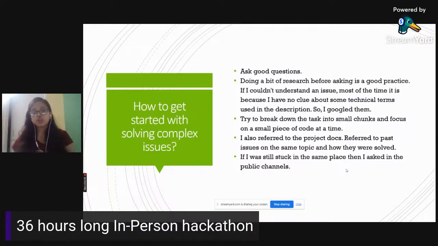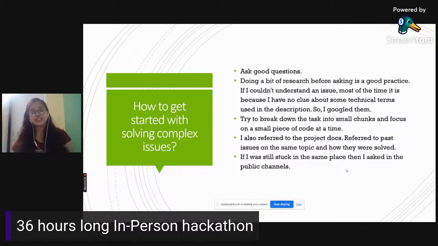Also, when you start solving big issues, try breaking down the task into small chunks. Have a very well detailed and collaborative conversation with your maintainer about how you are planning to go ahead and solve the issue before raising the PR. This will help, because let's say you are trying to make some changes that maybe the community does not want, and it's a big change.